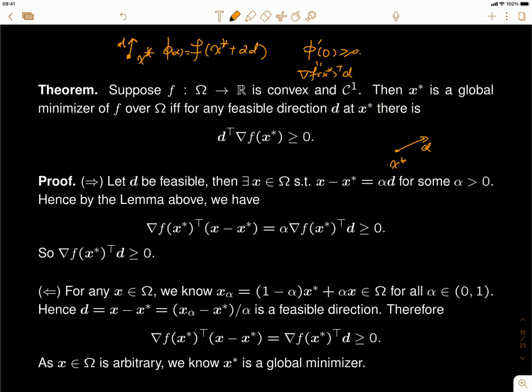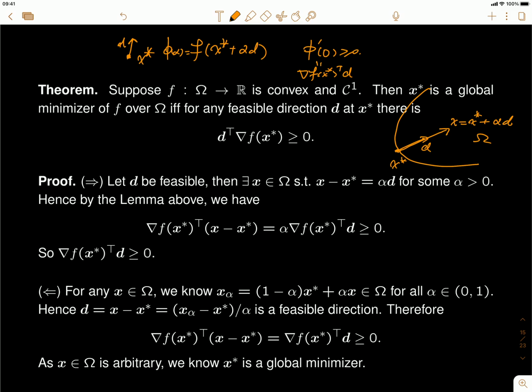Or in other cases, if x star is on the boundary, d being feasible means that when alpha is small enough, we'll end up in omega. So we choose alpha small enough such that the new point we reach along this direction, x, is just x star plus alpha d. Started from x star and going along the direction d with step size alpha, it's still in omega.